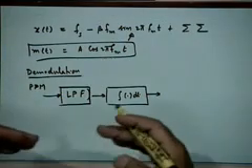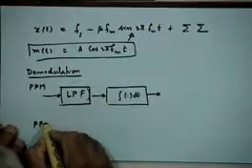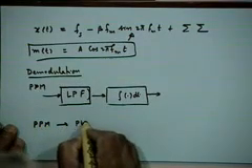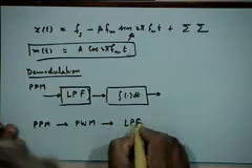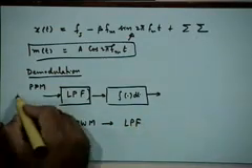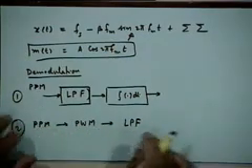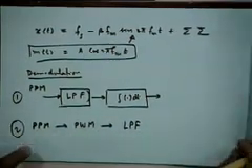You can convert the PPM signal first to a PWM signal if you wish, and then pass it through a low pass filter. I will leave that as an exercise for you to work out yourself, how to convert a PPM signal to a PWM signal. So that is a second possibility: PPM to PWM to low pass filter. So this is one method, this is the second method. Think about this method on your own.